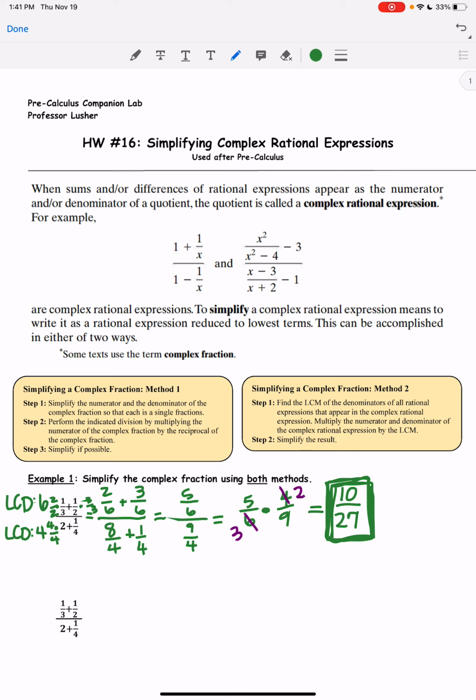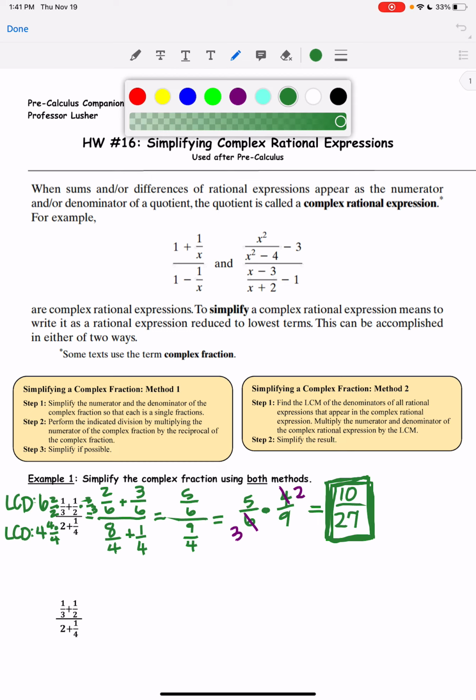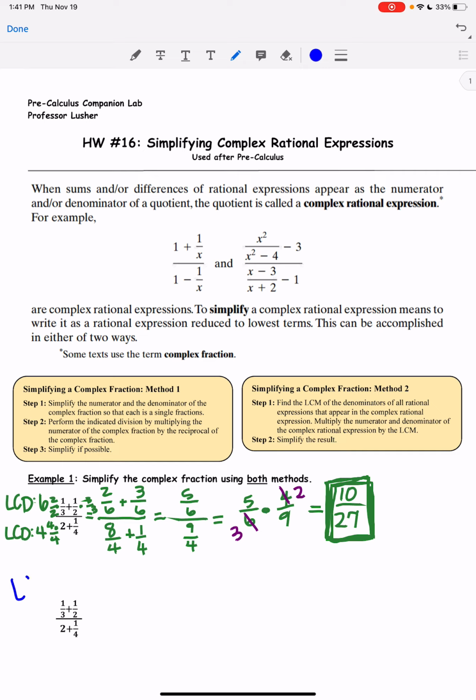And let me do this in a different color. Okay, once you figure out what that LCM is, what you are technically doing is multiplying the top by 12 and the bottom by 12.